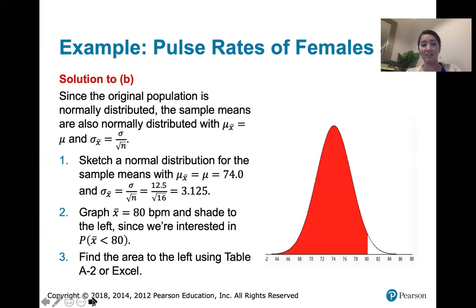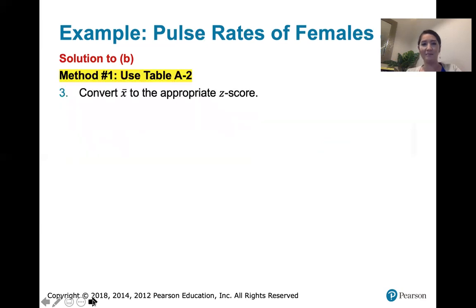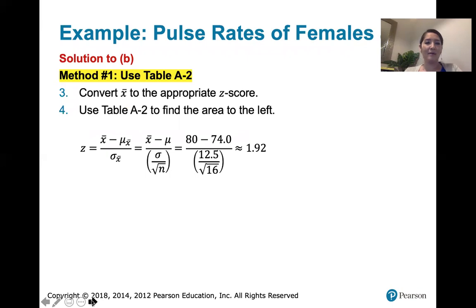You can use table A2 or Excel to find the area. So here, if we're using table A2, the first thing we need to do is convert that sample mean to the appropriate z-score. And this time, since we're dealing with sample means, we have to use the mean of the sample means here and the standard deviation of the sample means here, which happens to be equal to the population mean and the standard deviation of the population over the square root of the sample size.